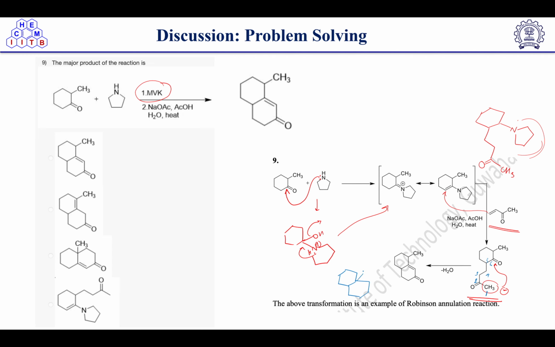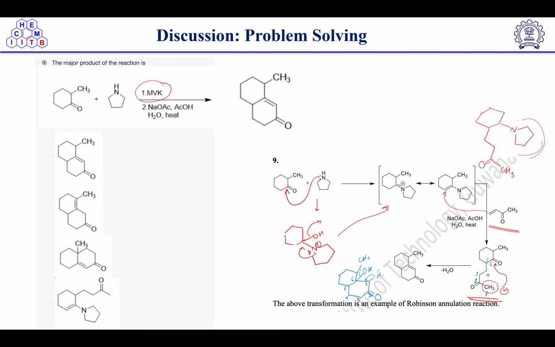So this carbonyl carbon is number 6, correct? 6, 5, 4, 3, 2, 1. So on carbon number 1 we have this group. Sorry, so at carbon number 2 we have the carbonyl center. Correct?